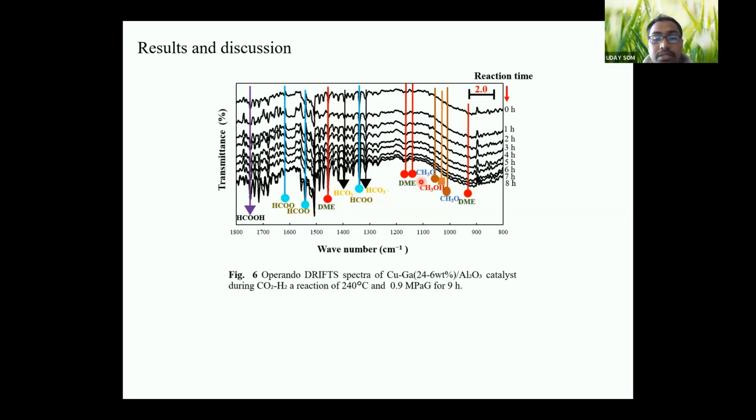The intensity of the intermediates is gradually increasing up to 2 hours. The absorbed intensity of DME, formate, and formic acid species increases quickly with increasing interval time, so the catalytic activity was shown with increasing interval time. I try to show these things.